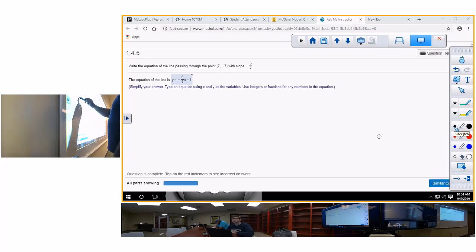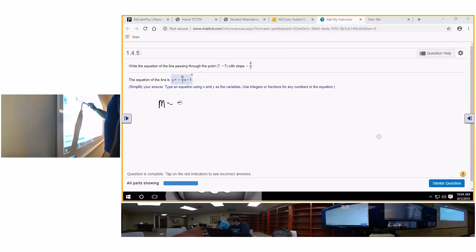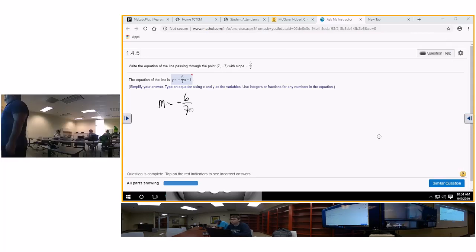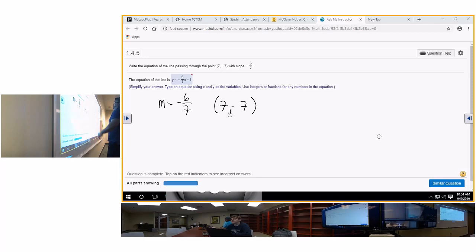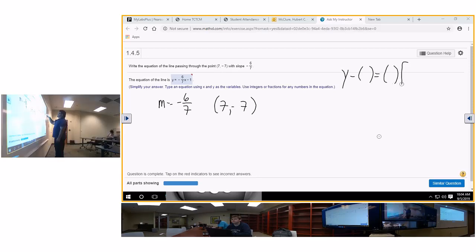Okay, so slope is equal to negative 6/7, and the point is negative 7. I believe we did this one. So now, since we're given a point and a slope, we use the point-slope equation. Y minus parentheses is equal to parentheses times x minus parentheses. And I plug in a negative 7, and I plug in a negative 6/7. Somebody check, see if we've done this one before.